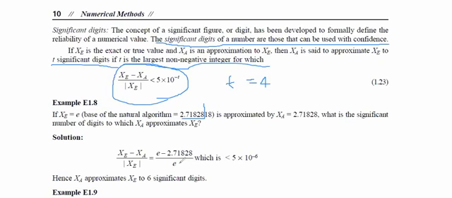If you solve this, it will be less than 5 into 10 to the power minus 6. If you try to solve it, E minus this one will be 0.